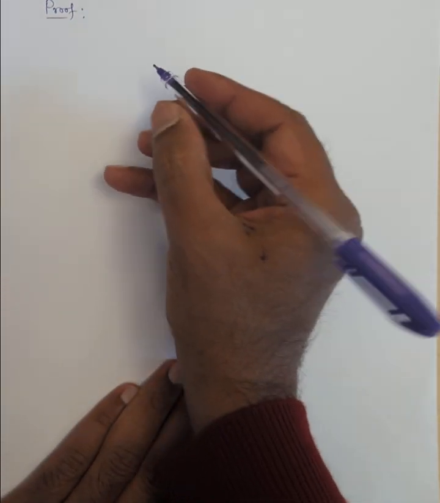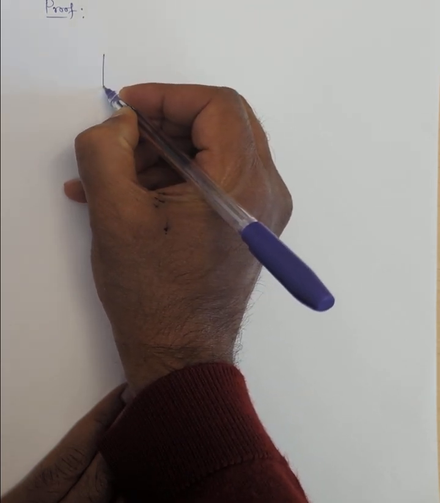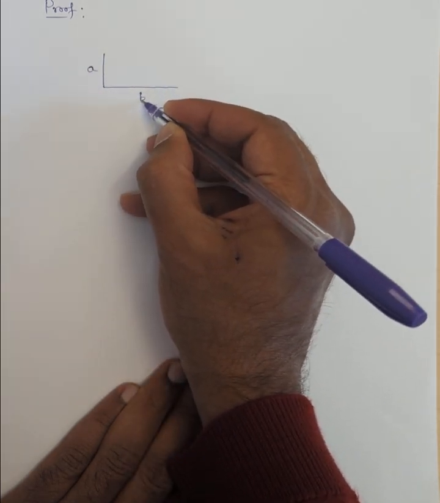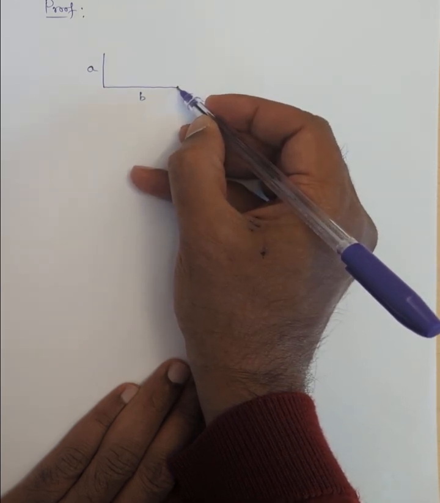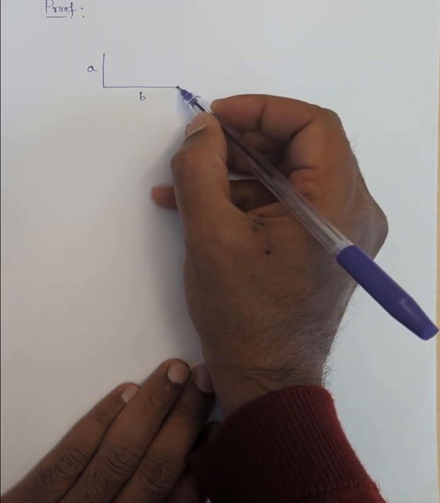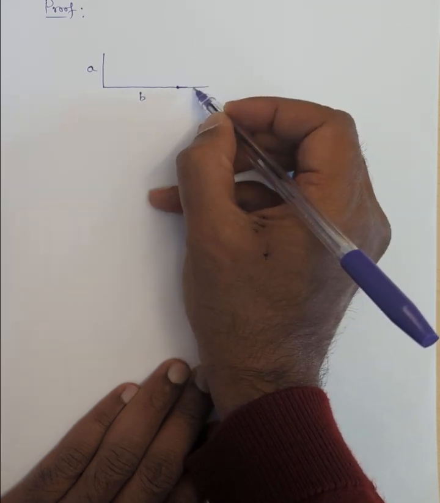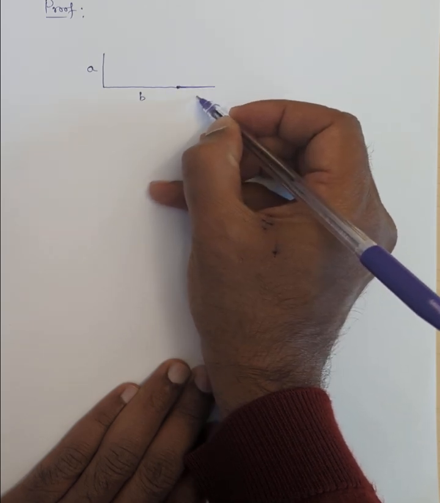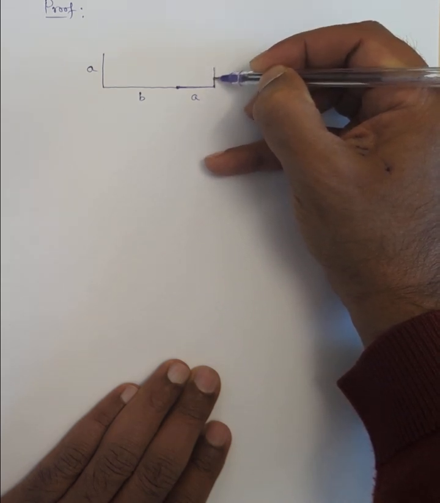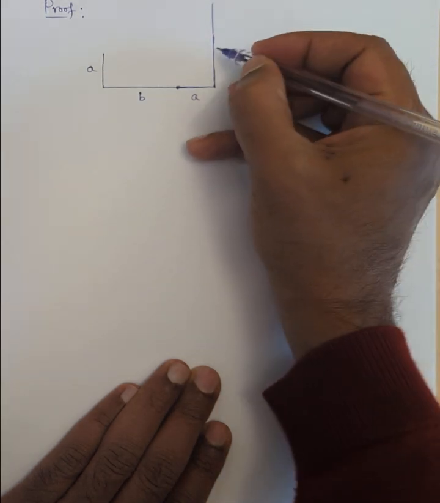What we are going to do is draw a right triangle with legs A and B. So let's draw legs A and B. And from this point on, I want to draw another right triangle, where I extend this length so that this is now A, and the leg B I'm going to draw here vertically.